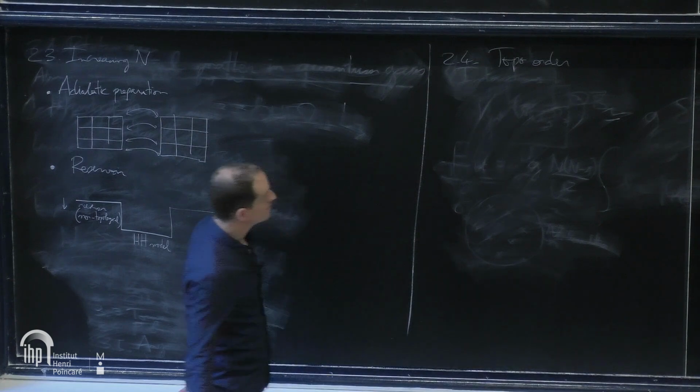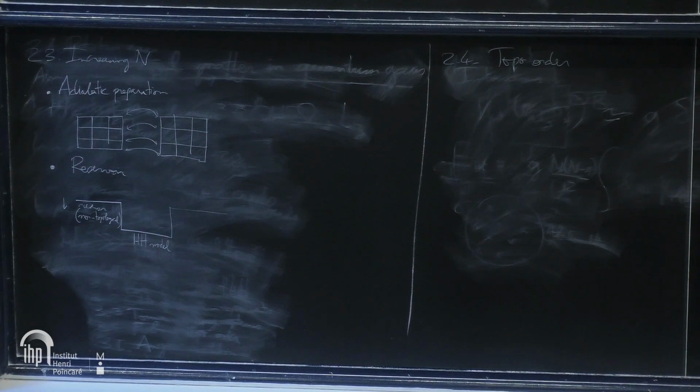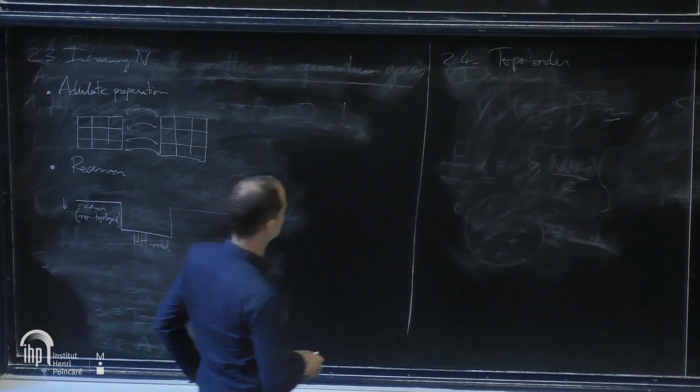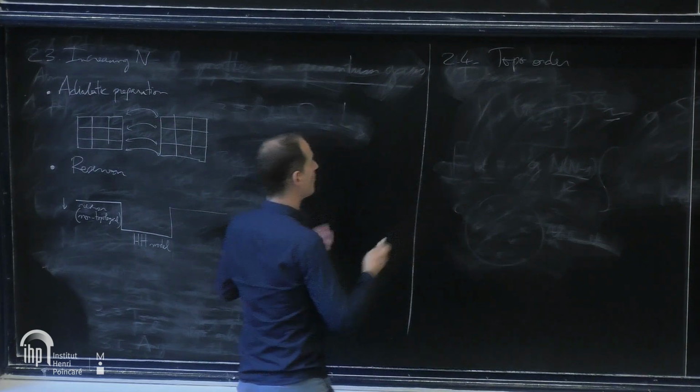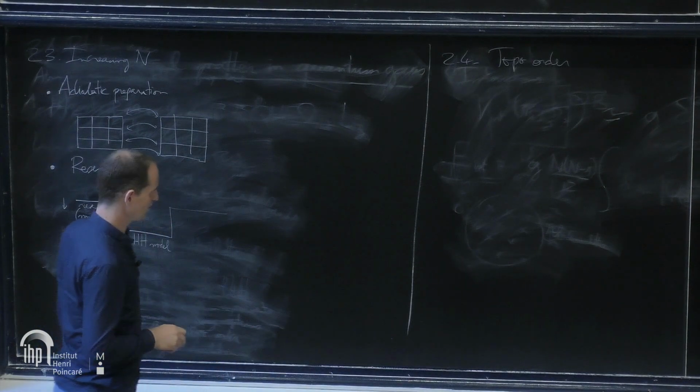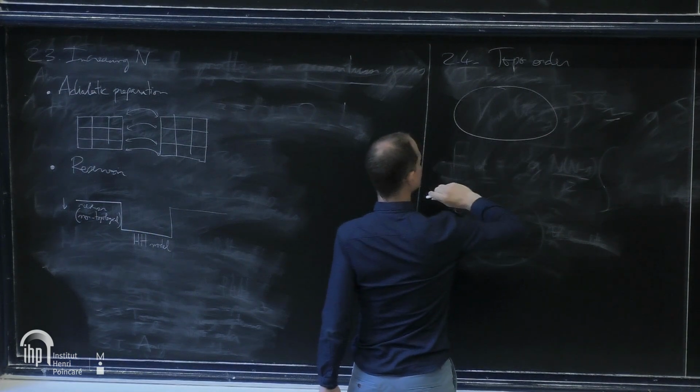Topological order, maybe its definition is that if you prepare the Laughlin state on a torus geometry, you expect ground state degeneracy. So this is not a very practical definition for an experiment, but maybe something more suited to experiment is to consider the entanglement entropy.